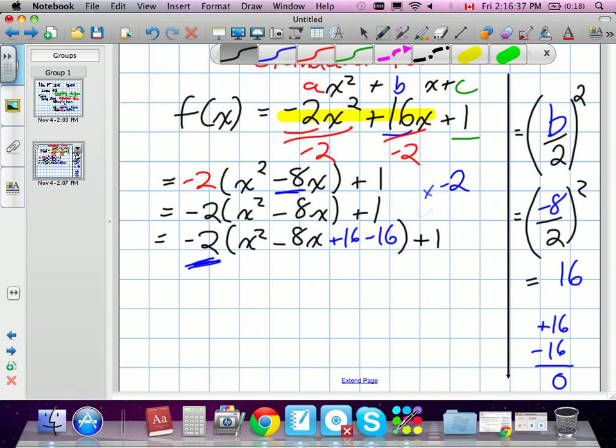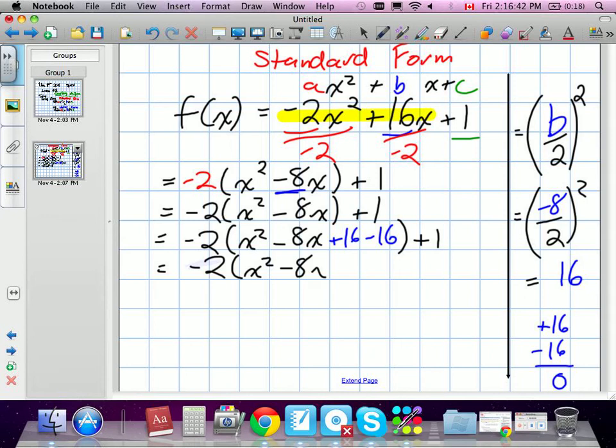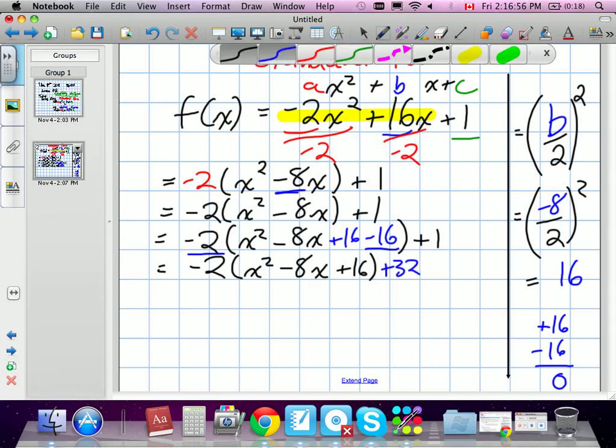So in our next line, we have negative 2, x squared minus 8x. We're going to keep the positive number, so the positive 16 inside the brackets. Now outside the brackets, I took negative 16 and multiplied by negative 2. That gives me positive 32. And we still have plus 1.